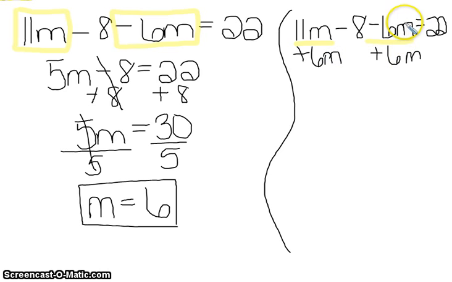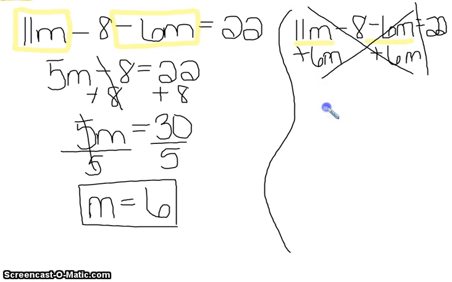But notice, if my equal sign is my divider, I've added 6m to the same side twice rather than adding from one side to the other. So this is a big no.